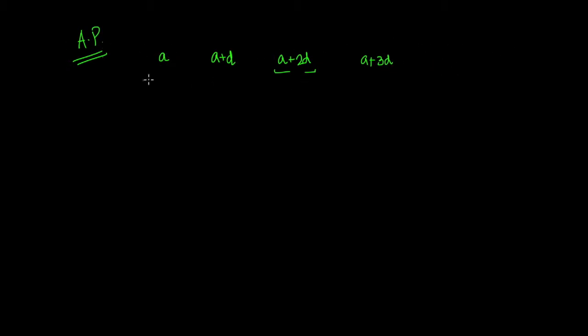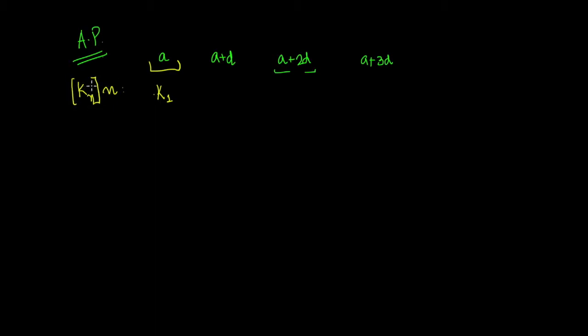Now let's talk about the indexing. If somebody asks me what is the first term of the sequence, I say the first term has to be A. I call the indexing by, say, n, and let's call this K sub 1.